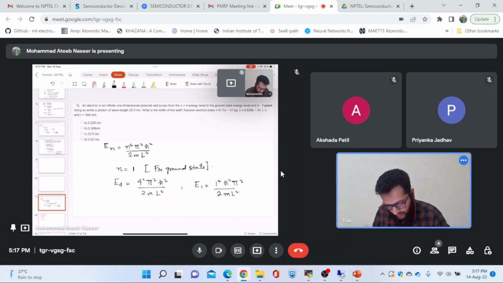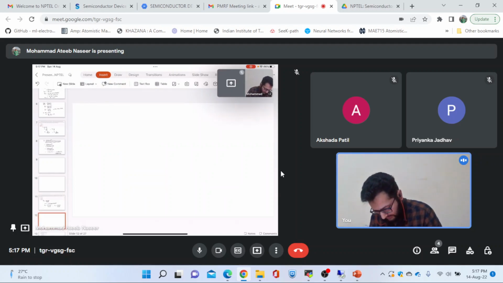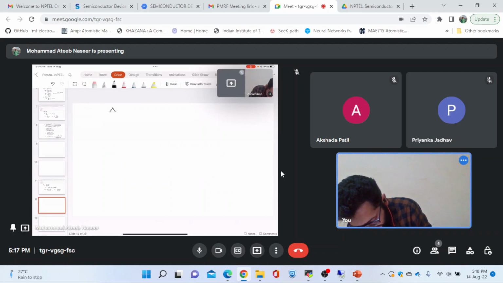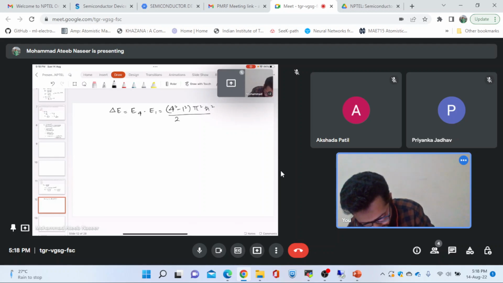If we now see that this electron jumps from the fourth energy level to the first energy level, it transits from E4 to E1. So it's simple. We will be writing the energy difference delta E equal to E4 minus E1 equal to (4 squared minus 1 squared) pi squared h bar squared by 2m L squared.